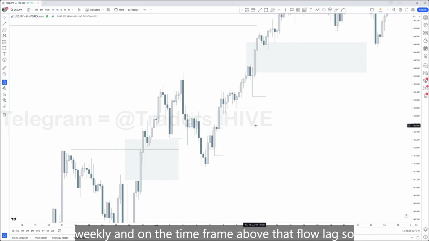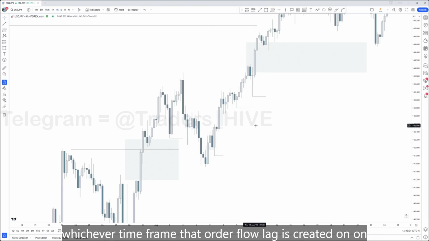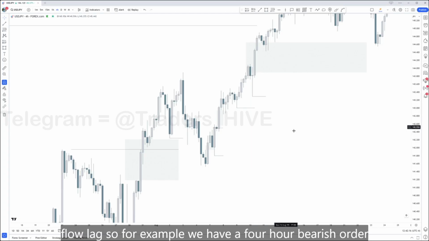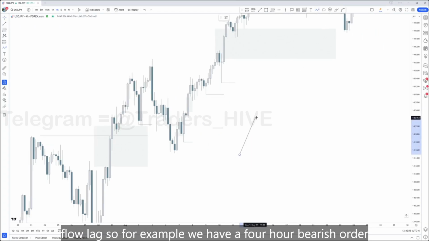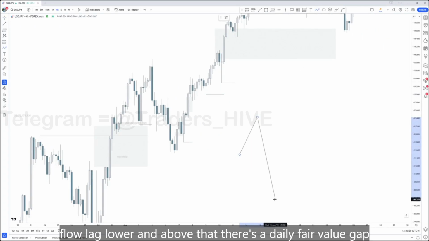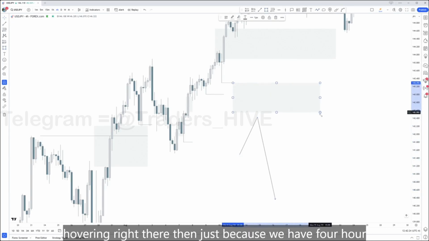And on the time frame above that order flow lag, so whichever time frame that order flow lag is created on, the time frame above that, there's a discount array hovering beneath that bullish order flow lag or above that bearish order flow lag. So, for example, we have a 4 hour bearish order flow lag lower, and above that, there's a daily fair value gap hovering right there.